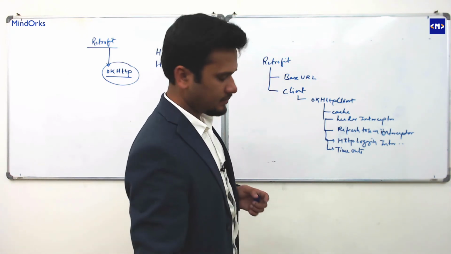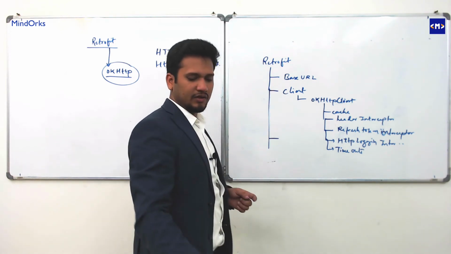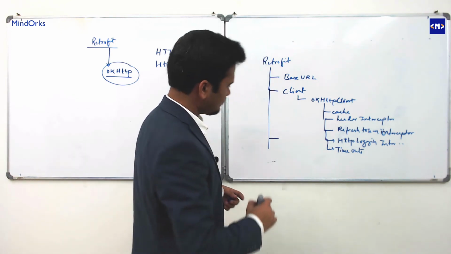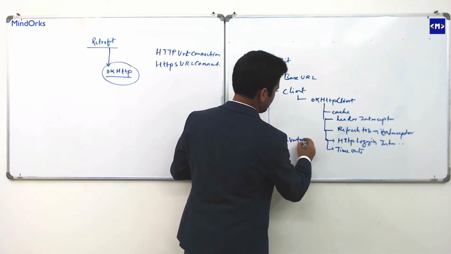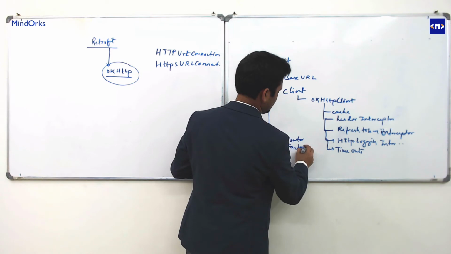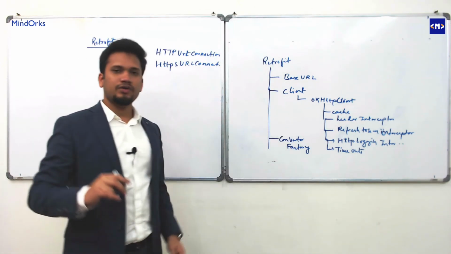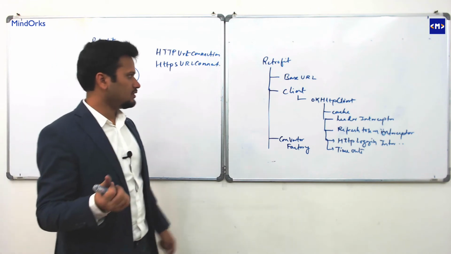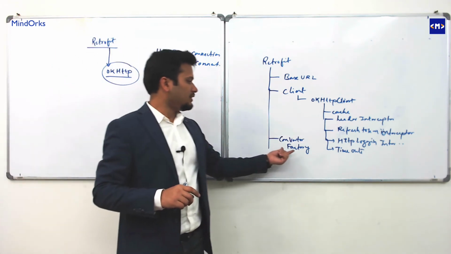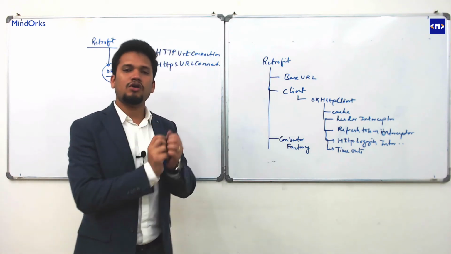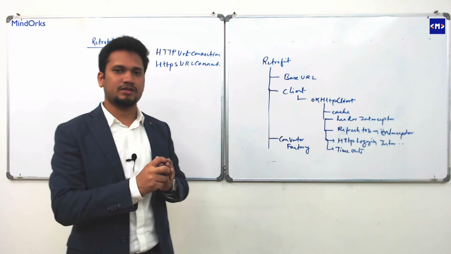And this Retrofit then takes a converter factory. The role of this converter factory is this: we are sending information using OkHttp, and when we send the information, we want a POJO to be passed. For example, in the example you will see a dummy request.